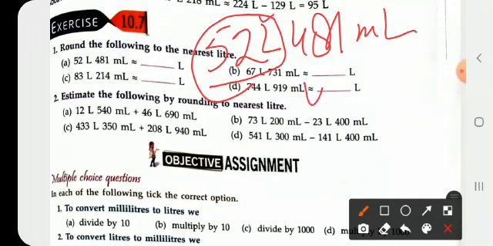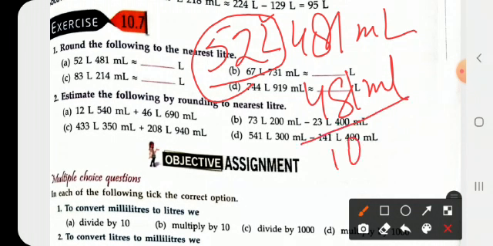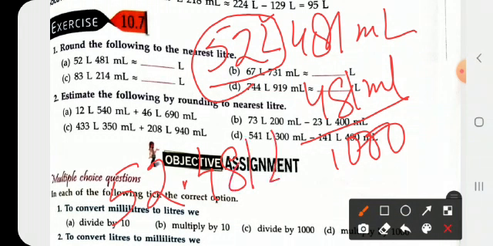So we will convert 481 ml to liters. We will just divide by 1000. And what is the answer? It is 52.481 liters. So this is the actual answer for it.